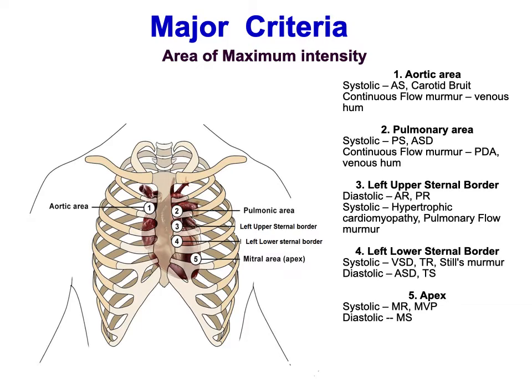In this slide, we'll discuss how the area of maximum intensity of the murmur affects the clinical diagnosis of congenital heart disease. As you know, in children the apex or mitral area is in the left fifth intercostal space, and in the second intercostal space we get the aortic area on the right side and the pulmonary area on the left side.